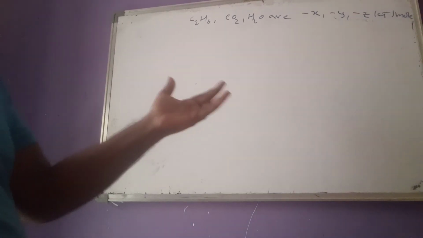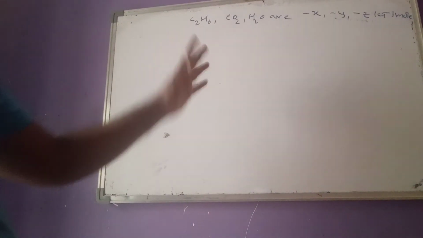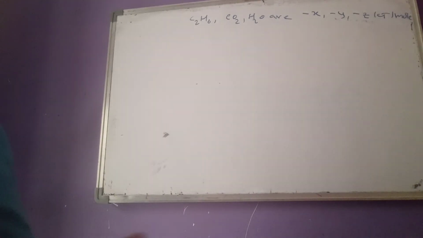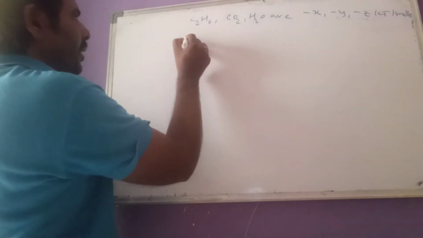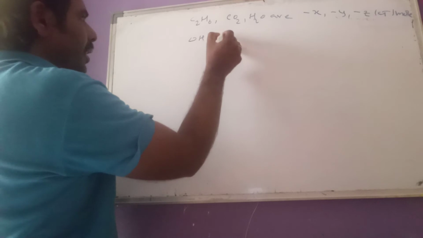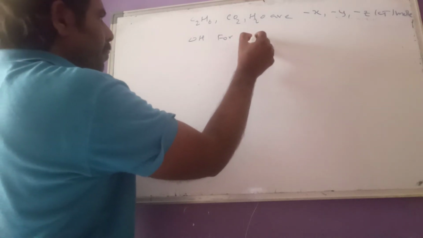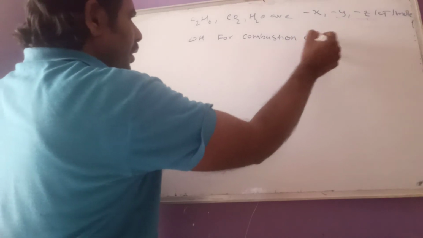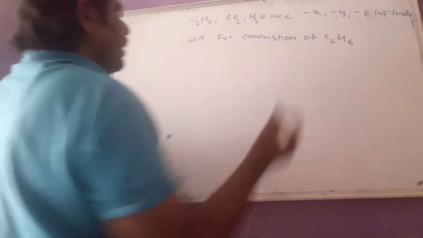Consider minus X, minus Y, minus Z. No need for exact values, we just have to learn how to solve that type of question. Now the question is, what is delta H for combustion of ethane?